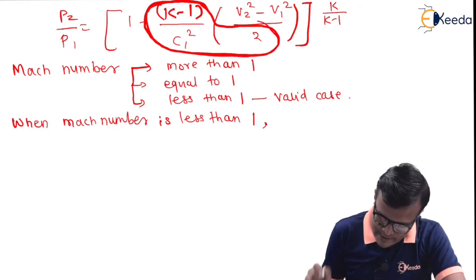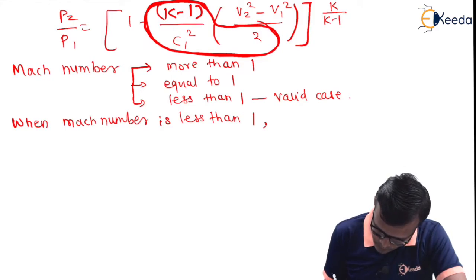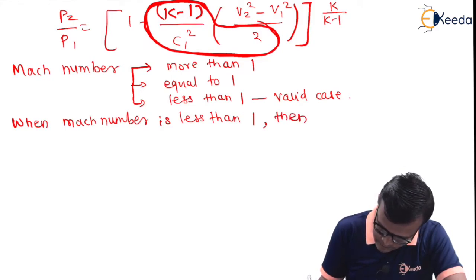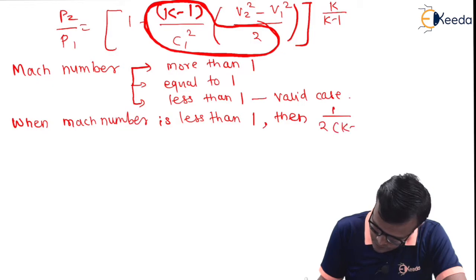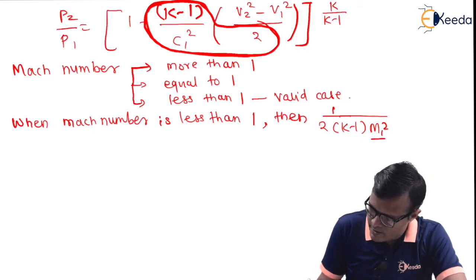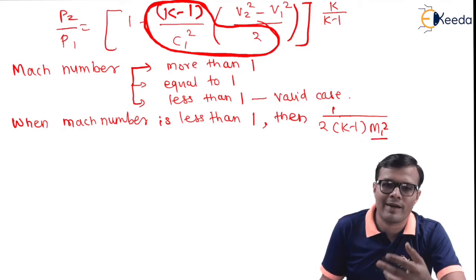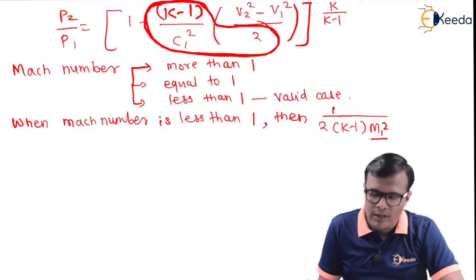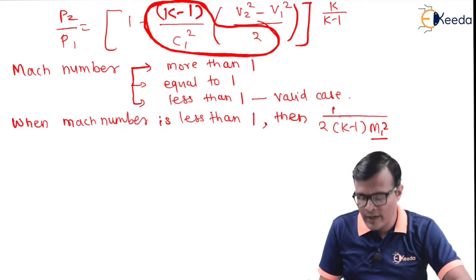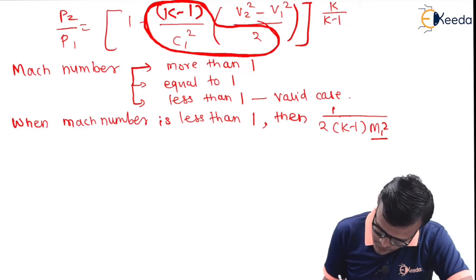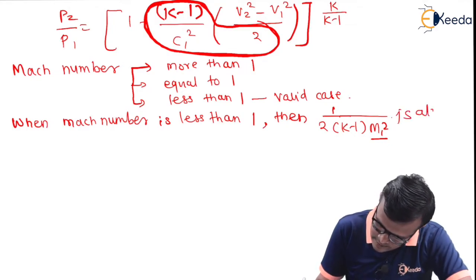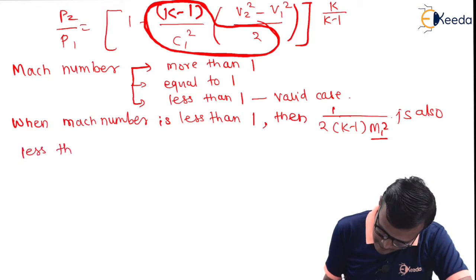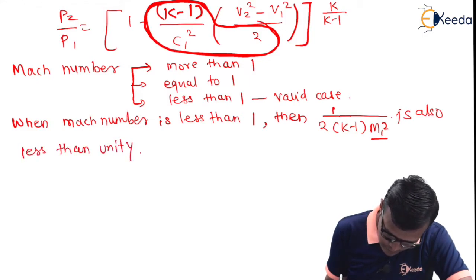So now I am talking about this ratio, then 1 upon 2 (K minus 1) M1 square. If this value is less than 1, then something squared again becomes less than 1, and that multiplied with K minus 1 and at the denominator will give us a lesser value. So this is also less than unity.